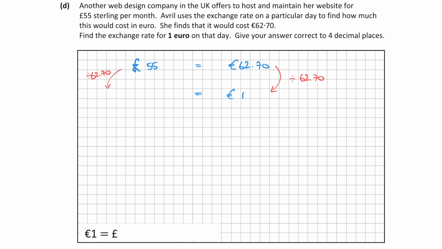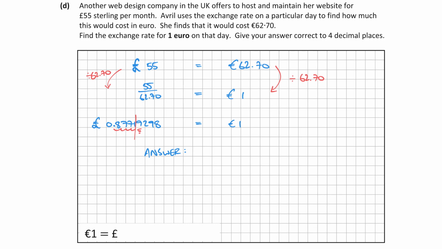So if we put down 55 divided by 62.70, what you'll find there is that €1 will be equal to 0.87719298 pounds, obviously. And to give your answer to 4 decimal places, if I go back 4 decimal places, 1, 2, 3, 4, draw your line, look at the number that follows.